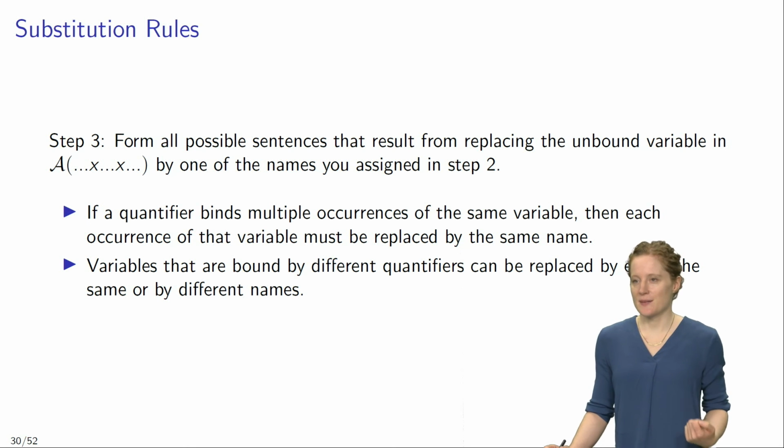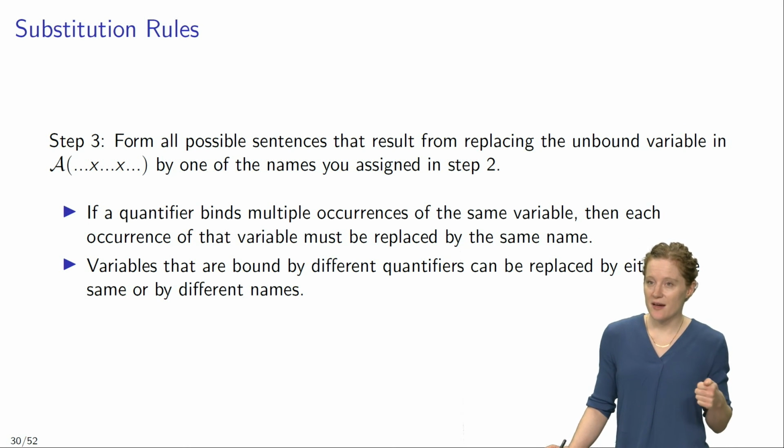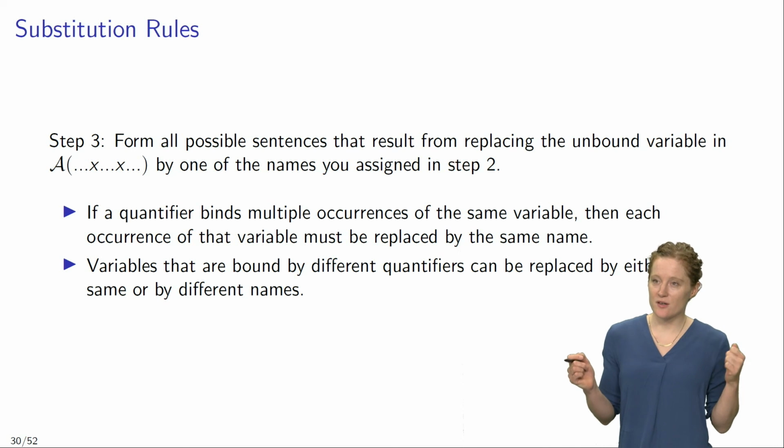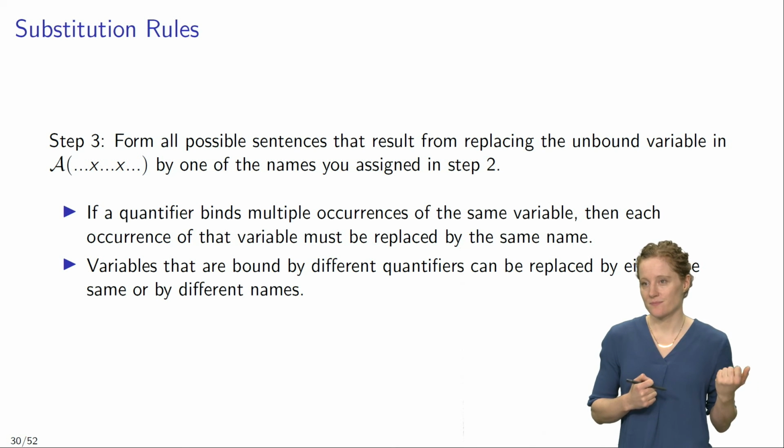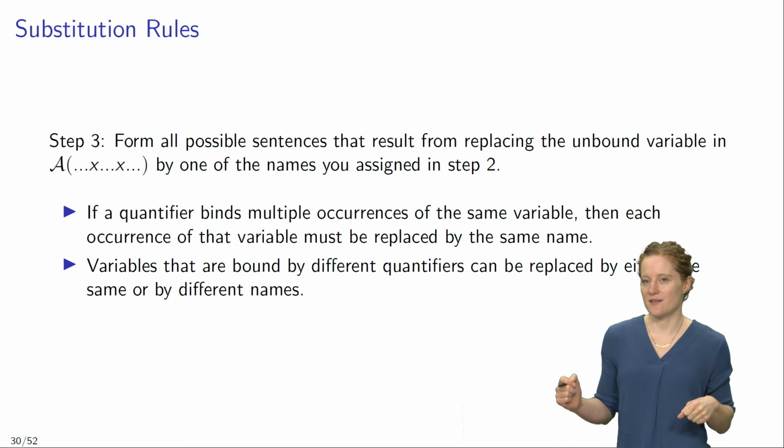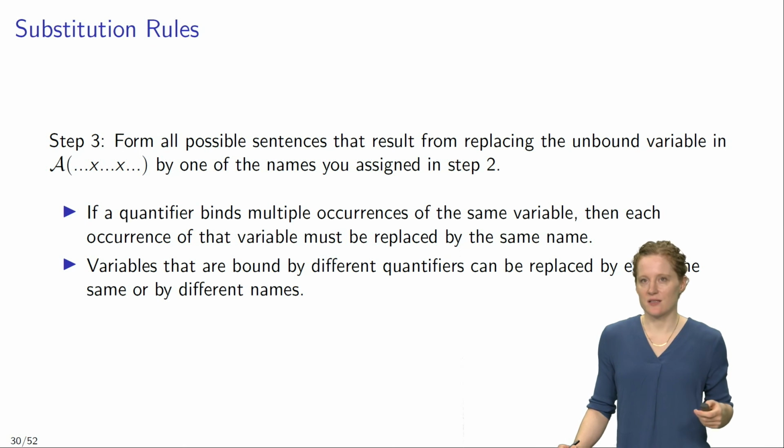Now here are the substitution rules that you need to obey. First, if a quantifier binds multiple occurrences of the same variable, then each occurrence of that variable must be replaced by the same name. But variables that are bound by different quantifiers can be replaced by either the same or by different names. So let's see how that goes.